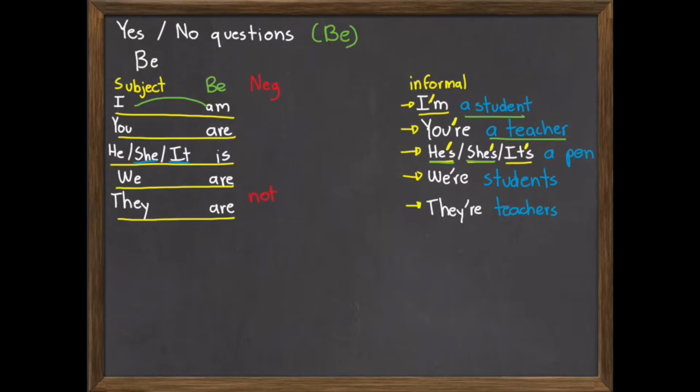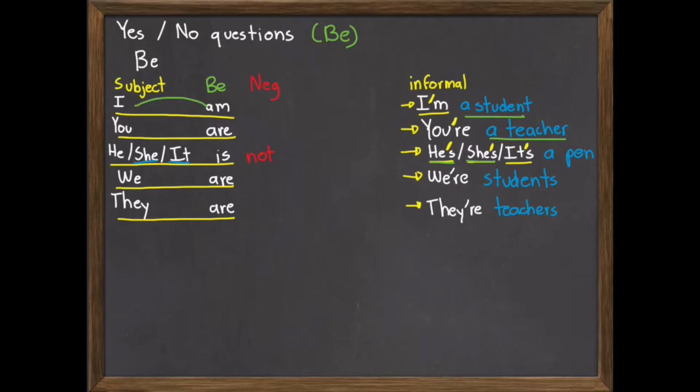So you can use not in any form after the verb to be. It cannot go before the verb. It cannot go before the subject. It normally goes after the verb to be. And again, you can make an informal form of these.